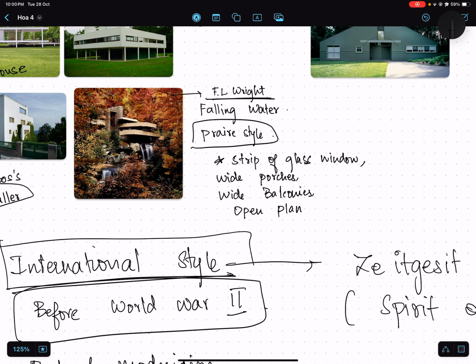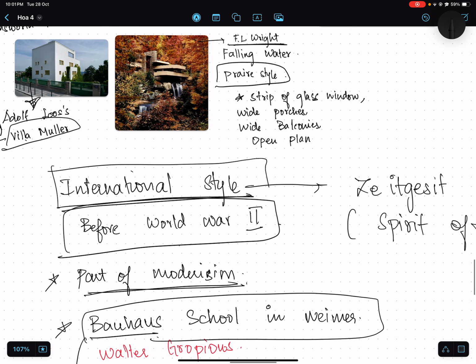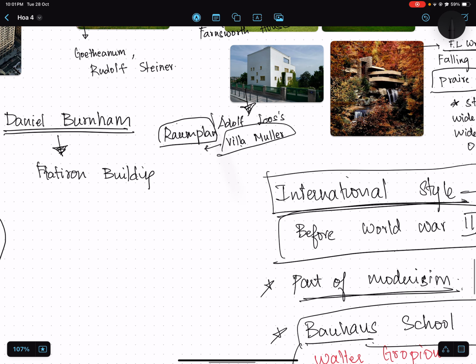A lot of these materials were used by F.L. Wright. And Adolf Loos was also the one who wrote the famous essay called Ornament and Crime.